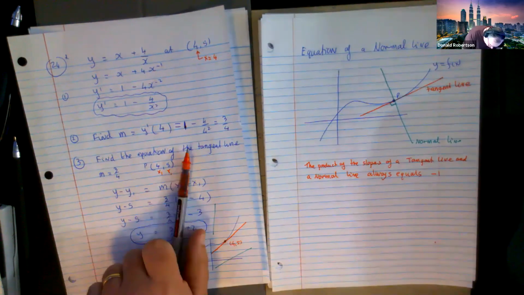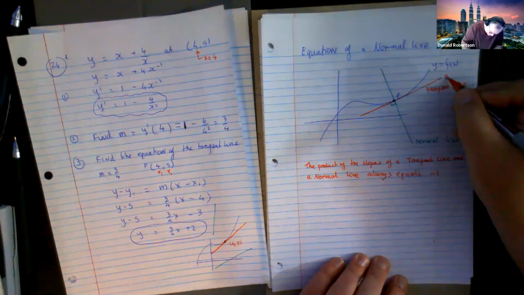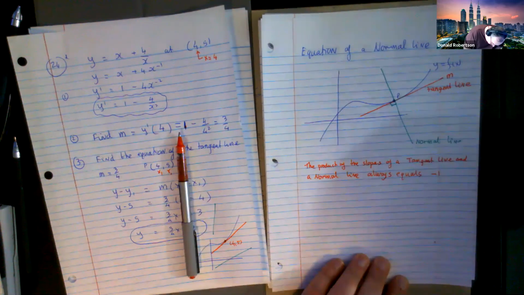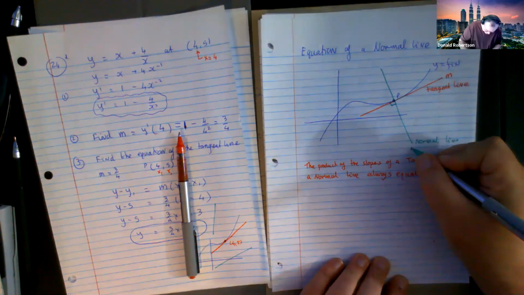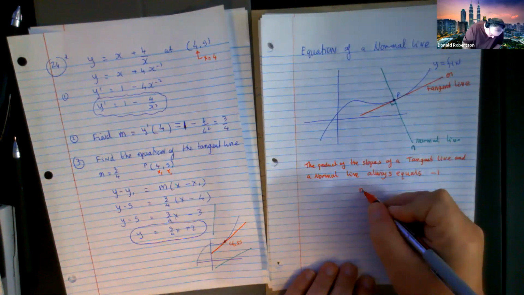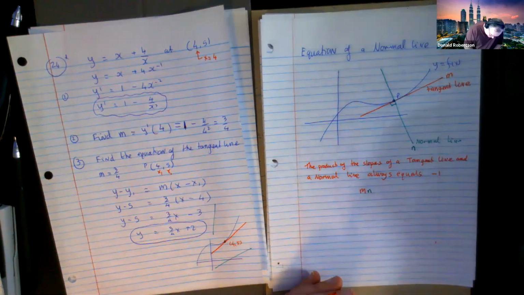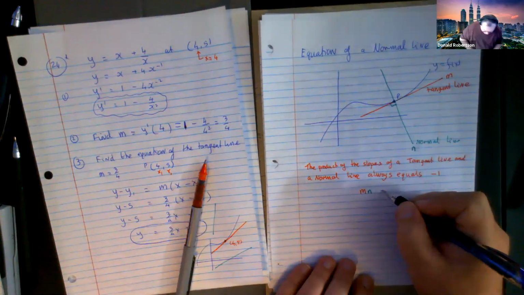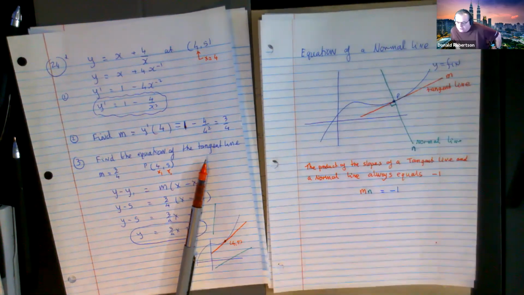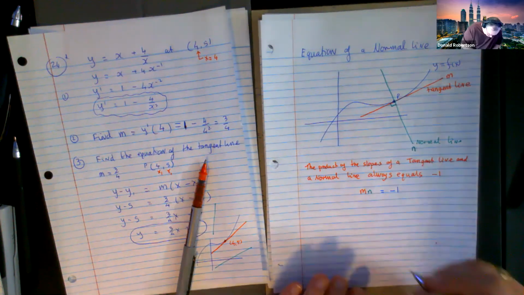So if you imagine that the slope of this tangent line is called M, and that the slope of this normal line we'll call N, what I've just said here is that M times N will always equal -1. So you might say, well, how does that help me get the slope of a normal line? It actually does.